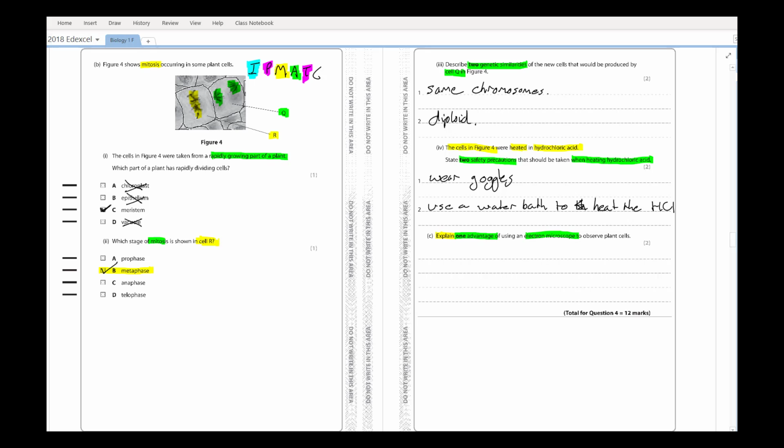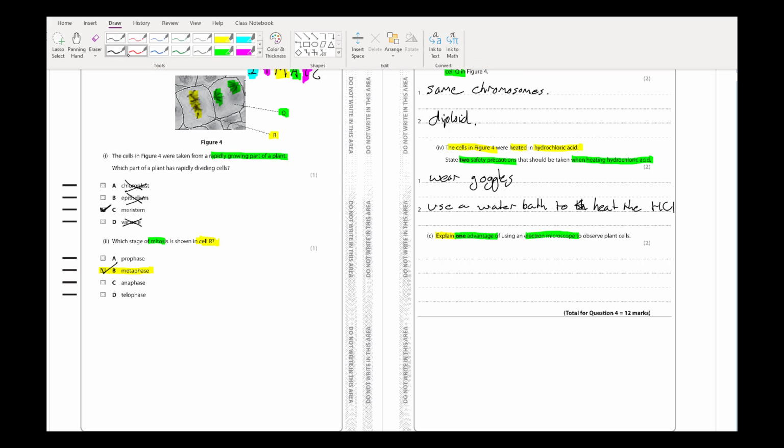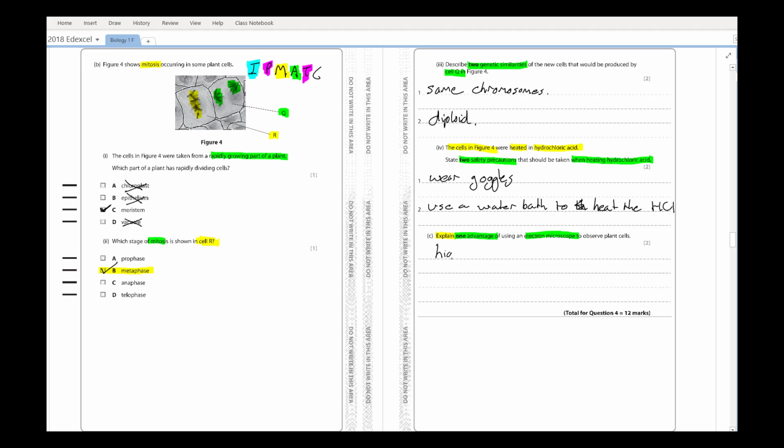My statement is electron microscopes have a higher resolution, and my explanation is that more detail can be seen. That draws us to the end of our video for this question.